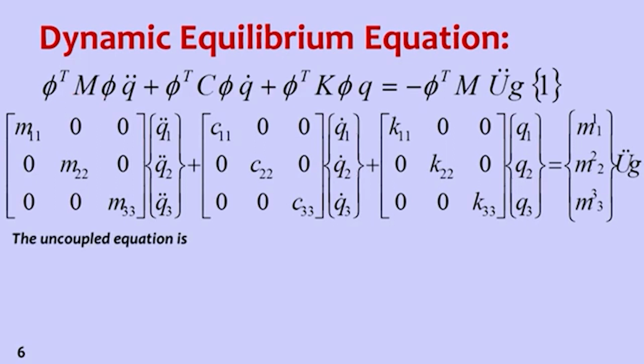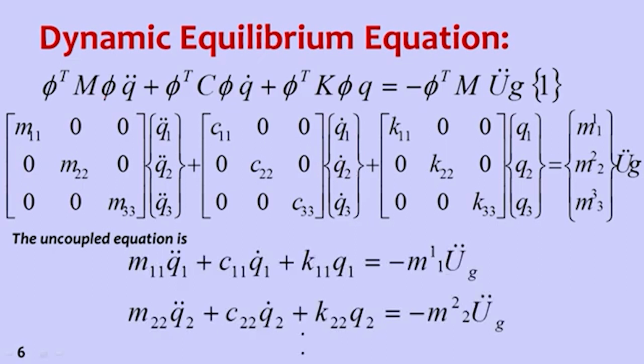If we do that, we get uncoupled equations: M11 Q1 double dot plus C11 Q1 dot plus K11 Q1 is equal to minus M1 u double dot g. Here it is M22 for the second equation. So this is the first equation, second equation, third equation.